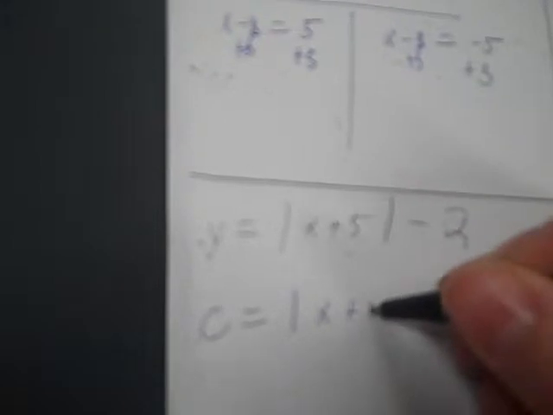Now again, there's always 2 x-intercepts because x is inside of an absolute value, and an absolute value of any particular value always has 2 possibilities, okay? So your y's are 0, both of them. And then 0 equals the absolute value of x plus 5, minus 2.